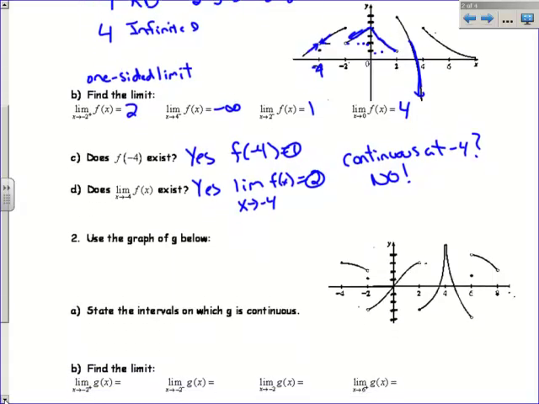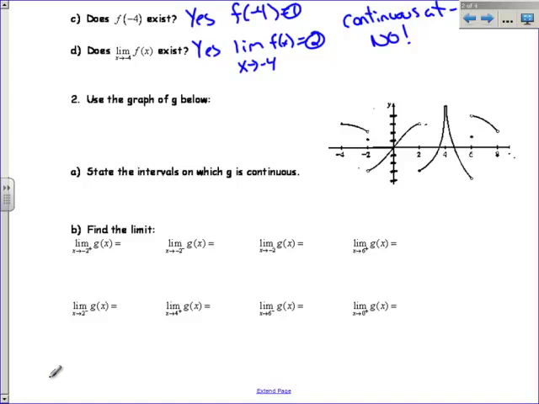All right, so let's just take one or two more examples here and I'll be done. State the intervals on which g is continuous. Here's this graph of g. We are continuous from -4 to -2 because we're good all in that interval. But at -2 we got that little discontinuity. There's a jump discontinuity.